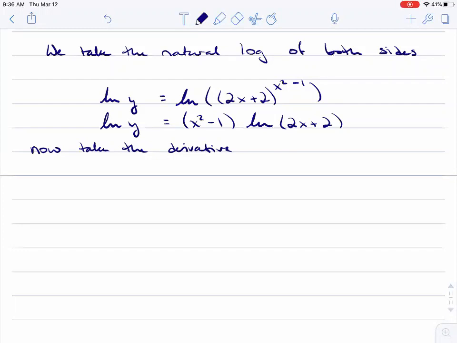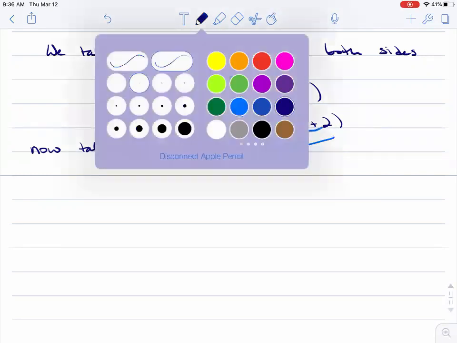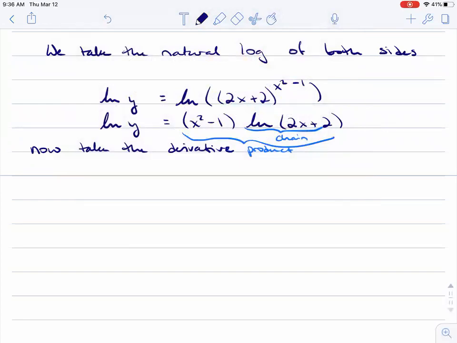We've got a product, (x squared minus 1) times the log of (2x plus 2), but we've also got the chain rule on the log of (2x plus 2), right? And so here I've got a chain, but out here I've got a product rule. So we'll have to keep those separate, but that's going to be a lot easier to deal with than what we were looking at before.